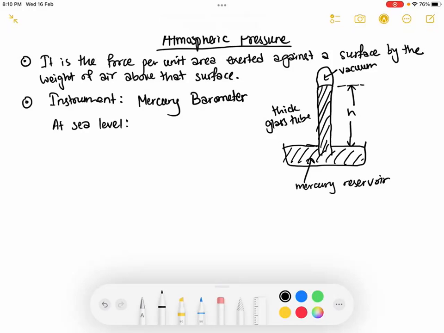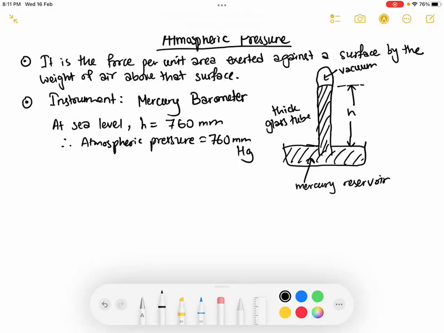So at sea level, the h is found to be 760 millimeters. So atmospheric pressure is typically recorded as 760 millimeter of mercury. Okay.